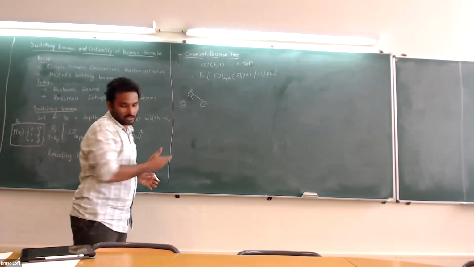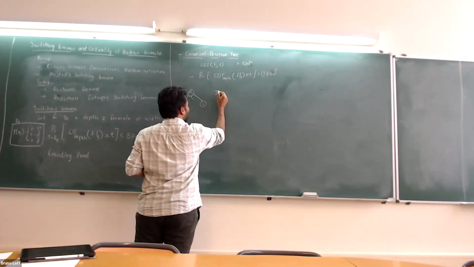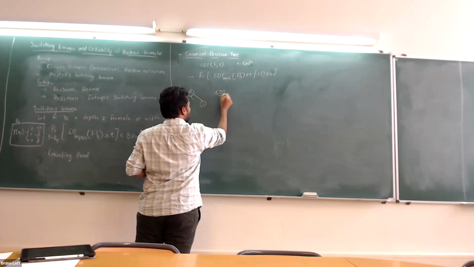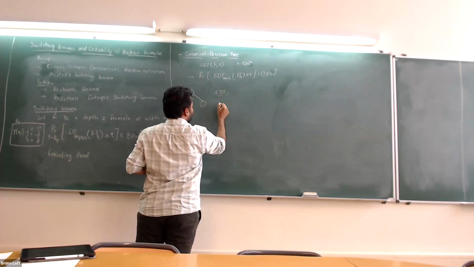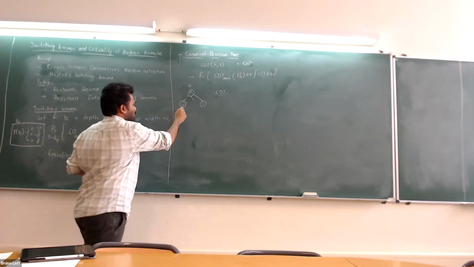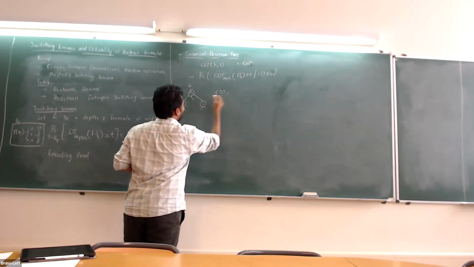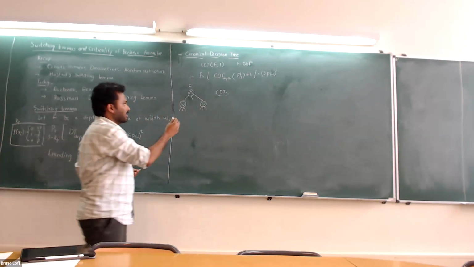Now I describe an algorithm. You're given an F, which is a CNF. How do you construct a decision tree for this, given a restriction?